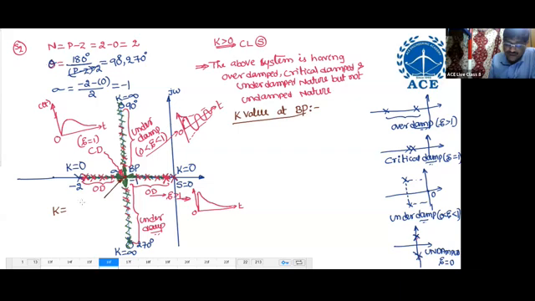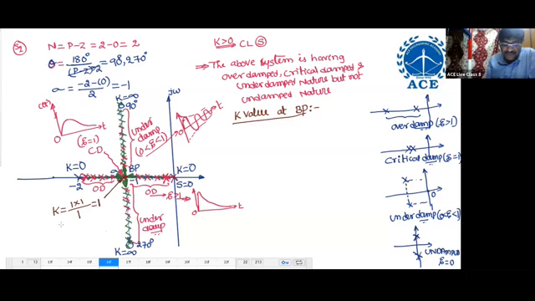The other pole, -1 to -2, is also 1 unit. So 1 into 1, divided by no finite zeros. You should consider only finite zeros, so the denominator is 1. So K equal to 1.